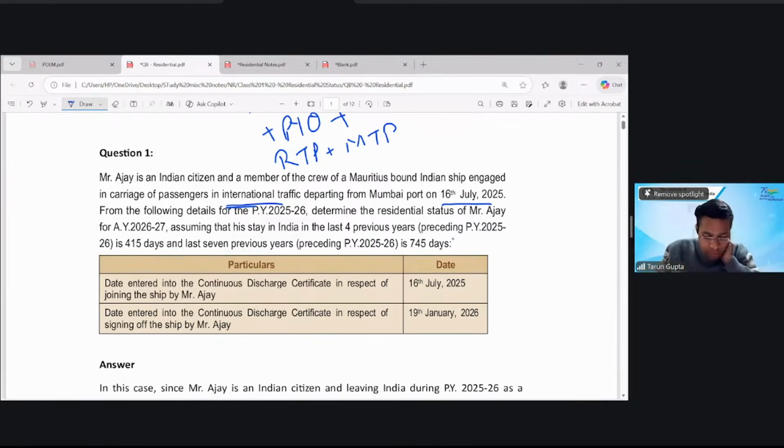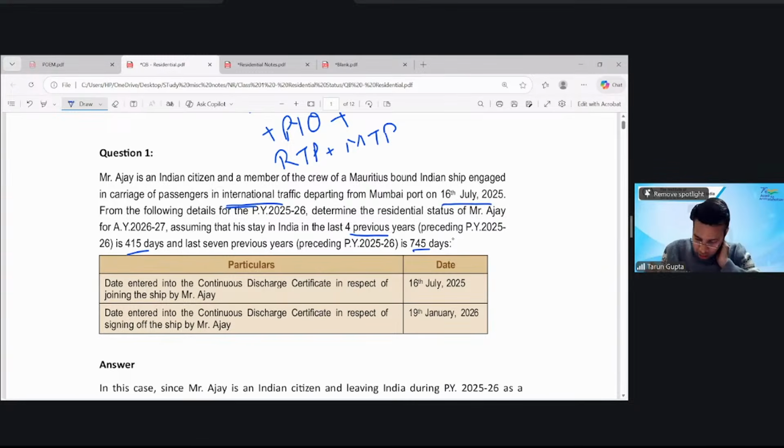From the following details for PY 25-26, determine the residential status of Mr. Ajay for AY 26-27. Assuming that his stay in India in the last 4 previous years preceding PY 25-26 is 415 days and in the last 7 previous years is 745 days.